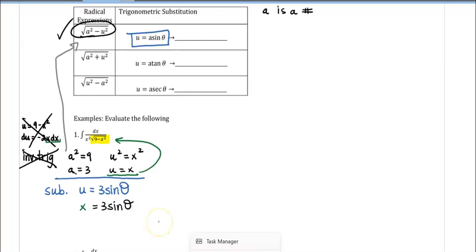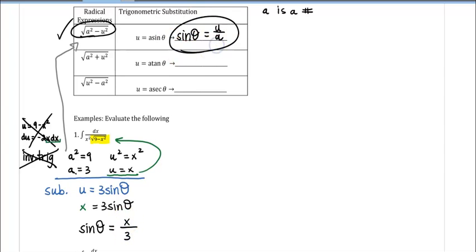If x is equal to 3 sine theta, then that implies that sine theta is equal to what? If we were to take this substitution and solve for sine, we would see that sine theta is equal to u divided by a. Similarly here, sine theta is equal to x divided by 3. And this is true in general.